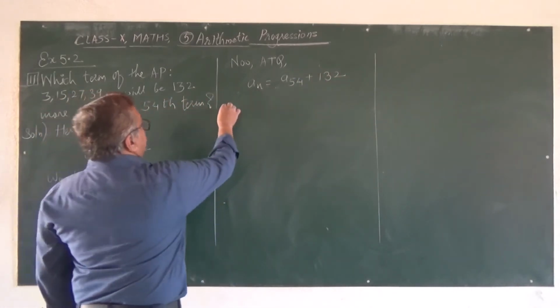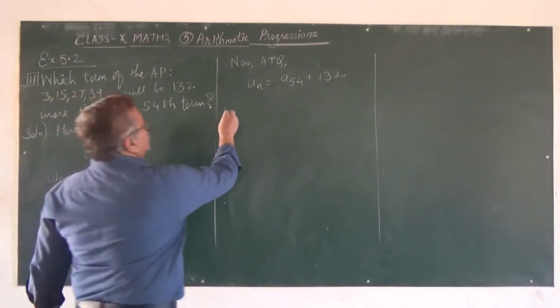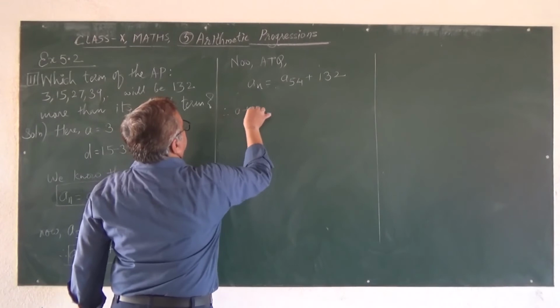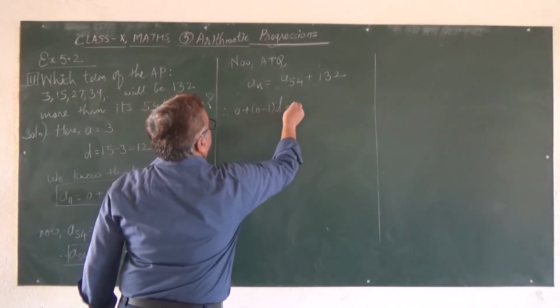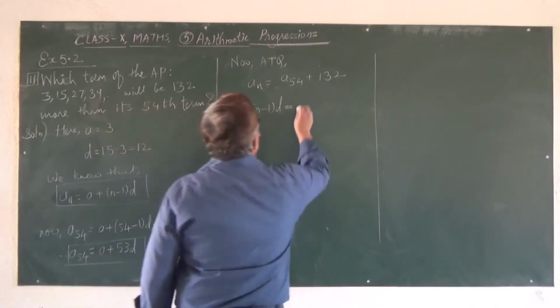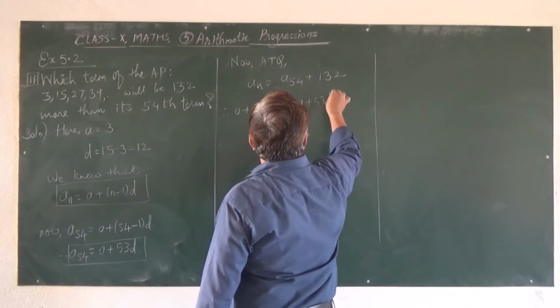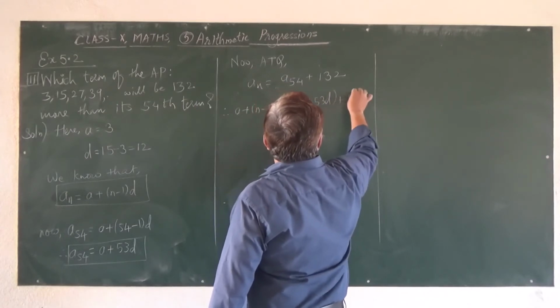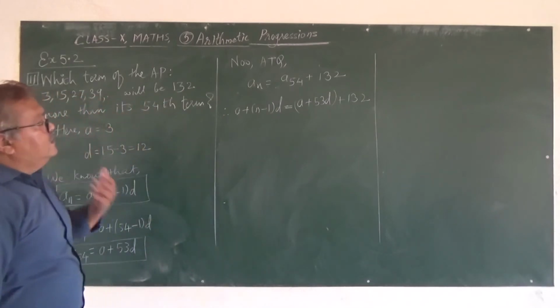So what is an? an is given by a plus n minus 1 into d. So a plus n minus 1 into d is equal to the 54th term, a plus 53d plus 132. Okay, yes, you can simplify.